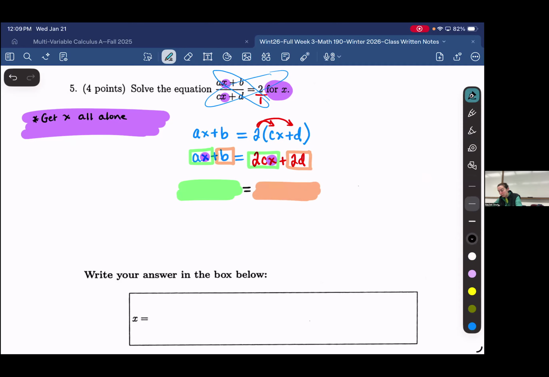And so how we're going to do that, we're going to subtract 2cx from both sides. And then we're going to subtract b from both sides. So we're looking at ax minus 2cx is equal to 2d minus b.